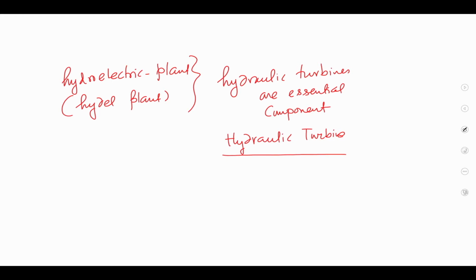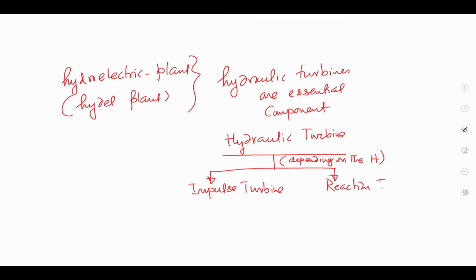This can be categorized depending on the head that could be made available at the inlet to the turbine. One is known as impulse turbine and the other is known as reaction turbine.